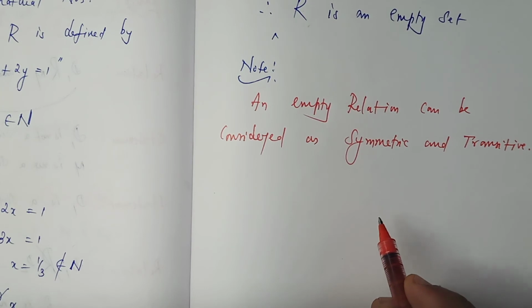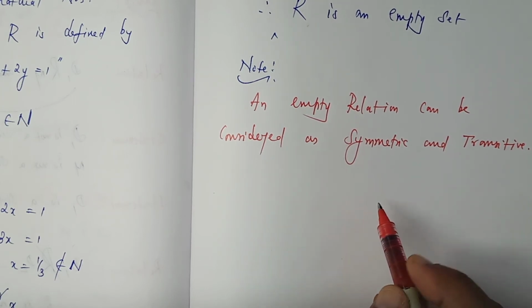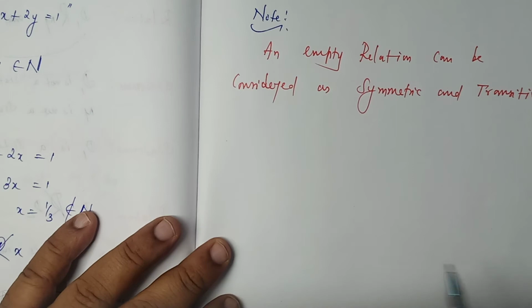So subdivision number 5 is also over. Finally we can write the result.